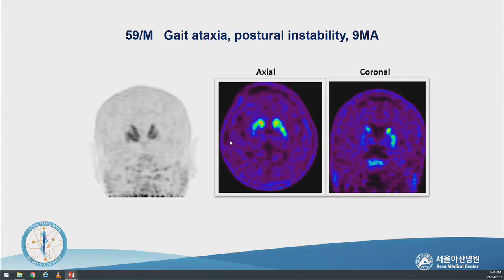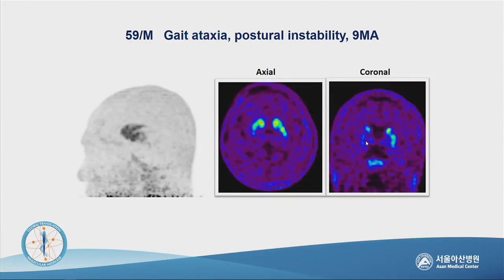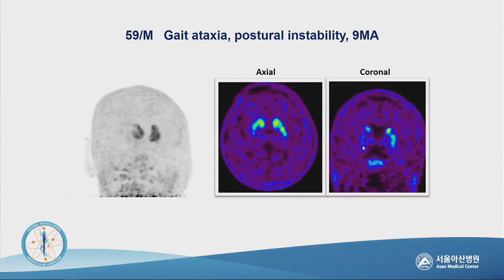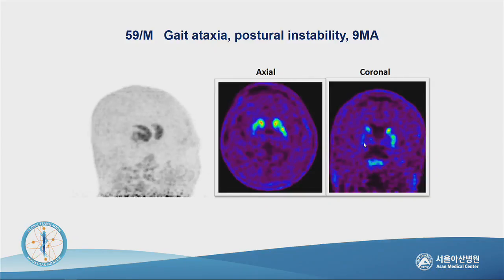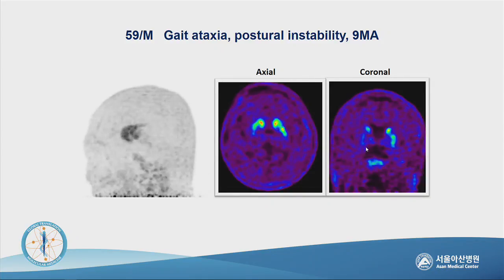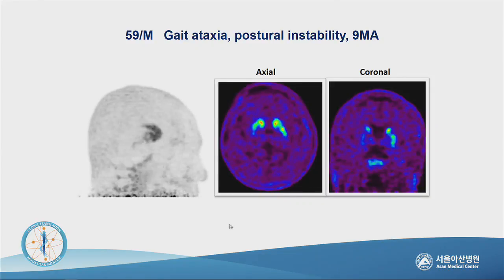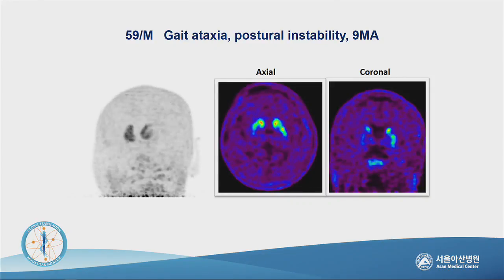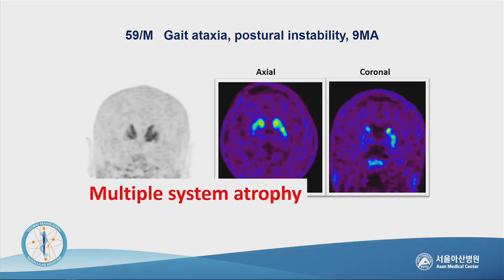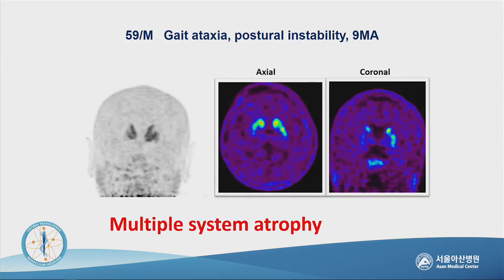But in the coronal image, as you can see, the right posterior putamen is diffusely decreased. There is no relative sparing of the ventral putamen. It's a somewhat different pattern from typical PD. The final diagnosis is multiple system atrophy.